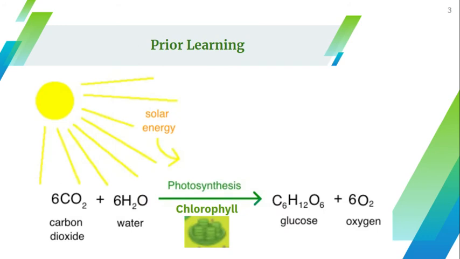Here's the chemical reaction of photosynthesis, and you can see it brings in carbon dioxide and water, and it gives off sugar and oxygen. Well, we all know that plants give off oxygen into the atmosphere, and they suck in all the carbon dioxide to make their food.